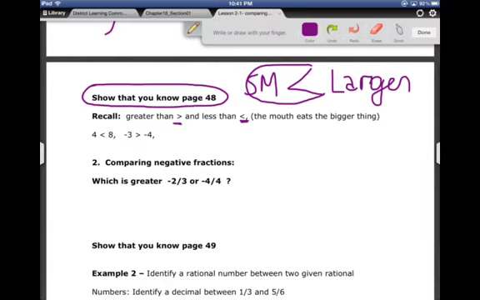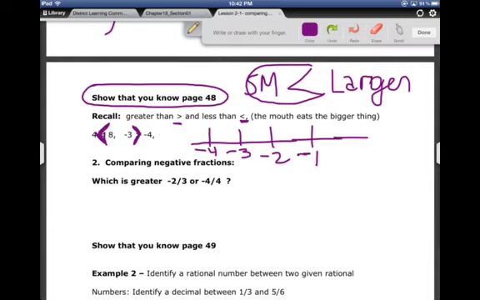So 4 is tinier than 8, and -4 is smaller than -3, because on the number line, -4 is there, -3 is there, and the larger values, for example, -2, -1, and even 0, they're bigger.